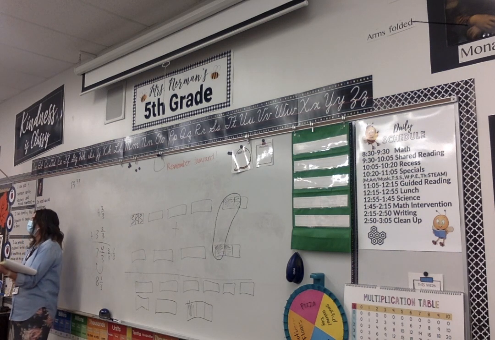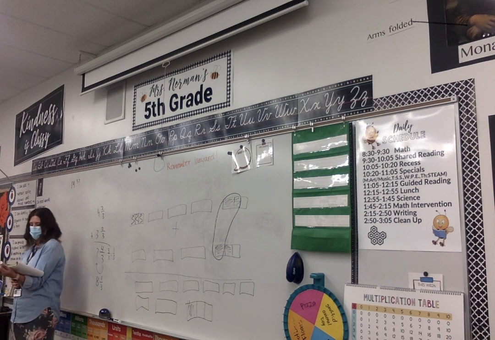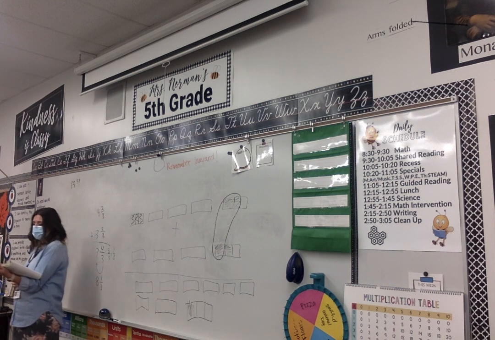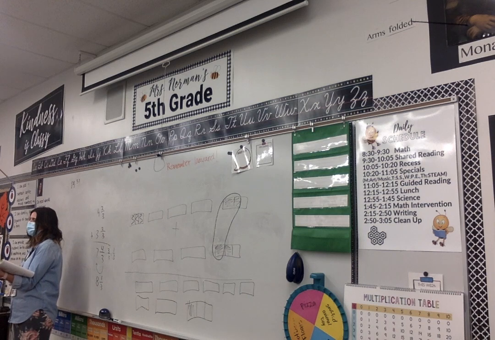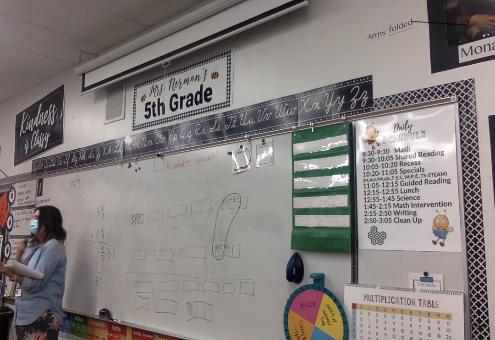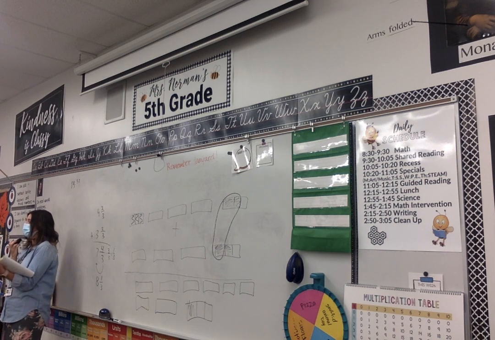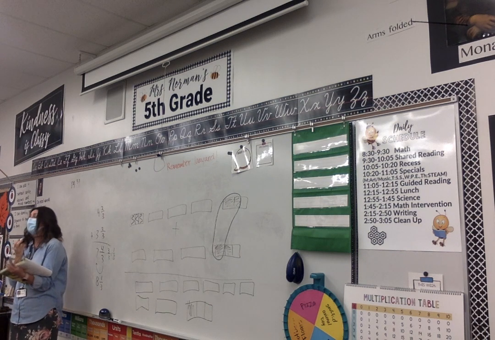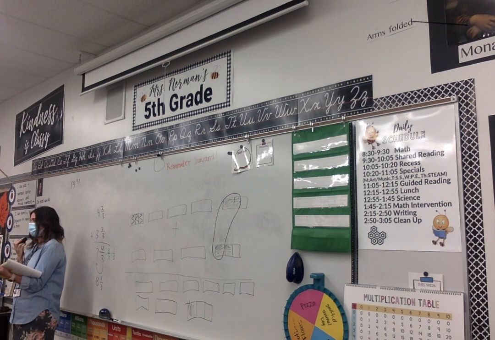All right, number 8, friends. Number 8. We are selecting the fractions that are equivalent to 3/4. Mark all that apply. So, because it says mark all that apply, do you think that there is more than one? Yeah, probably. Now, do you remember how to find equivalent fractions to 3/4?